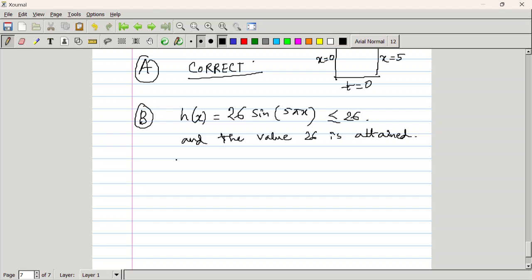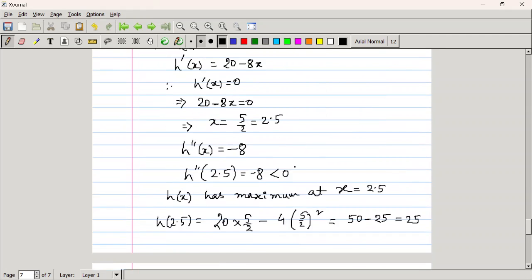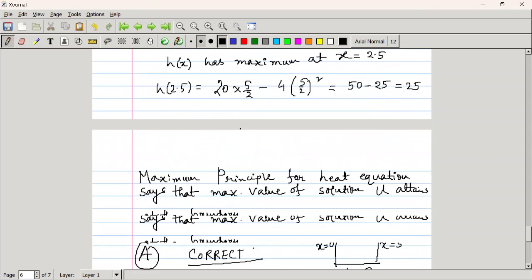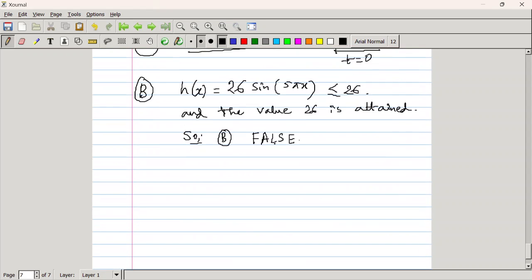In that case, option B is false, not correct, because I have to find u(x, t) less than or equal to 25, but I am getting 26 here. So it is not the correct option.